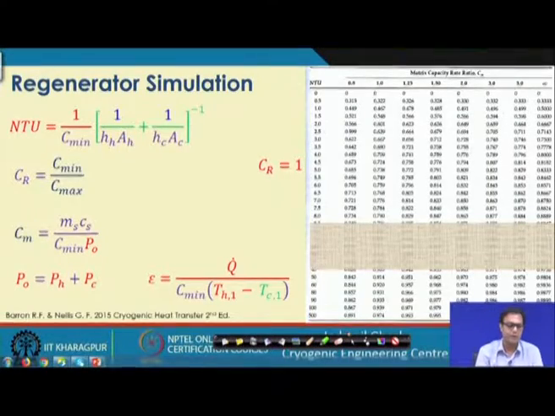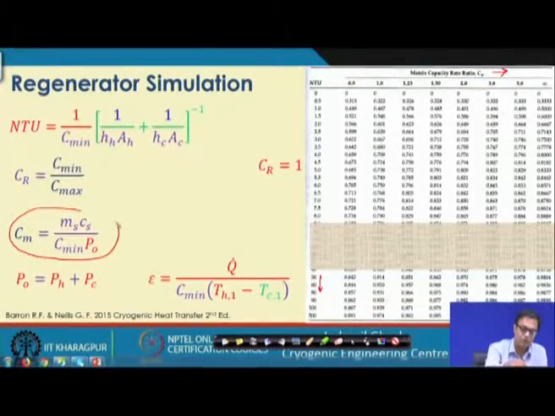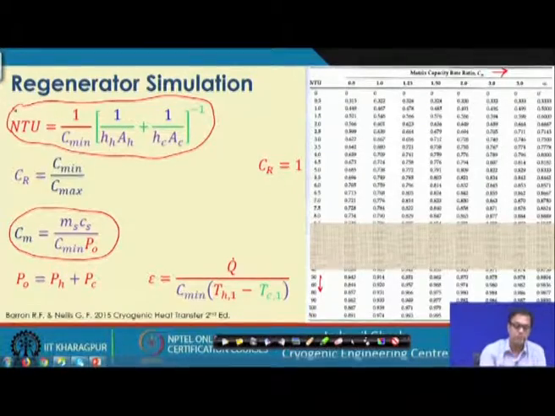Now, in this context I would like to mention that if we are looking for a high regenerator effectiveness value, we not only need a high NTU value, we also need a high value of the matrix capacity rate ratio. That means we need a high value of this CM, and we also need a high value of this NTU.